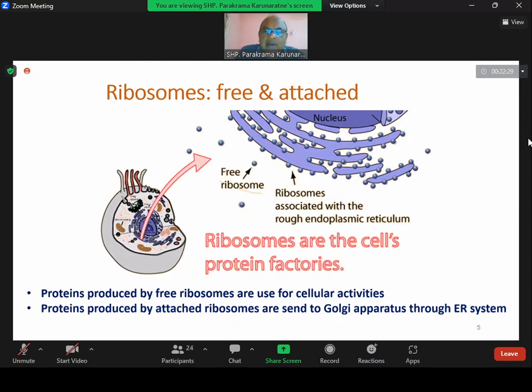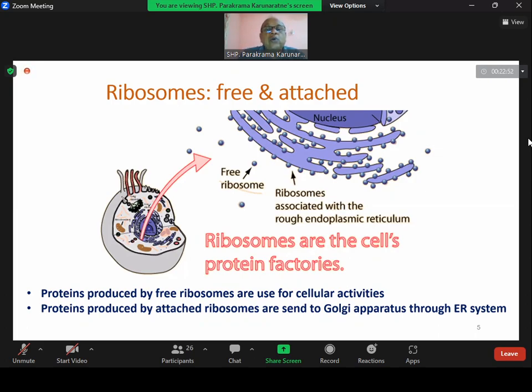There are 20 different amino acids and we put them in the order according to our own DNA. This is protein synthesis. I will explain it later in the section, but for the time being, remember that ribosomes are the centers for protein synthesis.